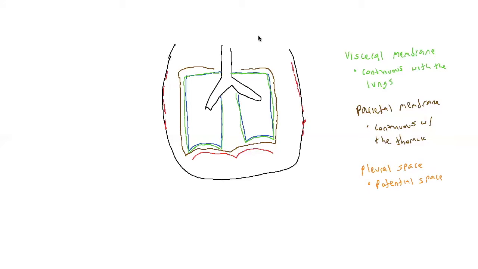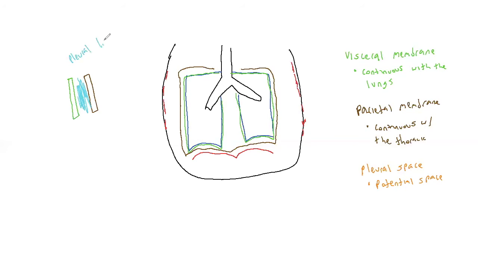And to zoom in a bit, it's going to look like this. So this is going to be the visceral membrane. This is going to be the parietal membrane. And this here is going to be the space. Now, that space is not empty air, of course. That space is actually going to be liquid, which we'll just go ahead and call pleural liquid.